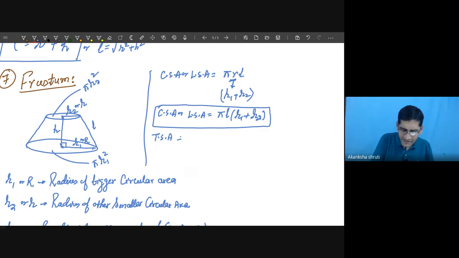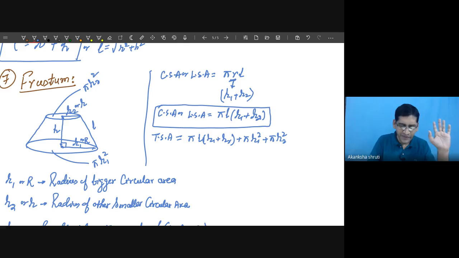So this CSA, pi L (R1 plus R2), needs to be added with pi R1 square plus pi R2 square. That's enough. Many a time students try to recall; nothing is there if you have the idea of the cone. Just one slight modification in the curved surface area, and the same way the total surface area also gets modified.